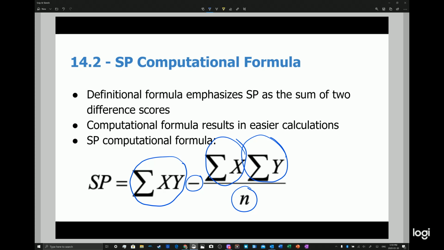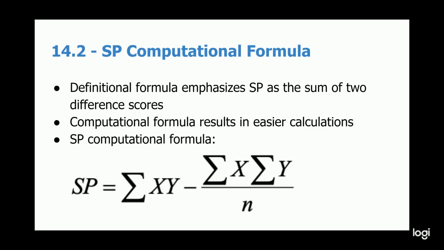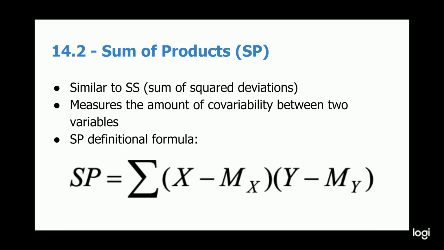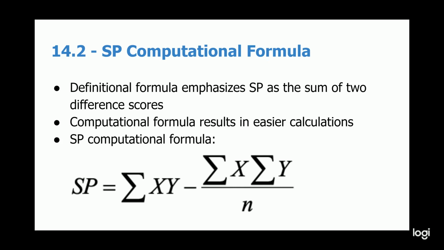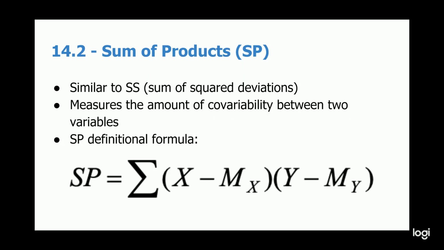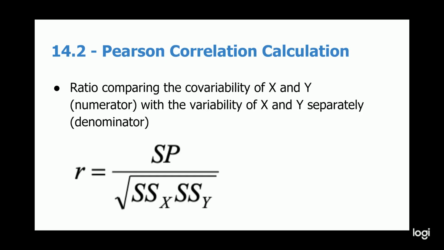Again, when you do the practice worksheets, you can apply these in your computational formula, and that's the one you're probably going to use most of the time. Again, both formulas work though, so when you do your test, and if you've practiced enough and you've given yourself extra time, start with your computational formula, get some numbers first, and then double check it with your definitional formula, just to really make sure you got the right sum of products if you need to.